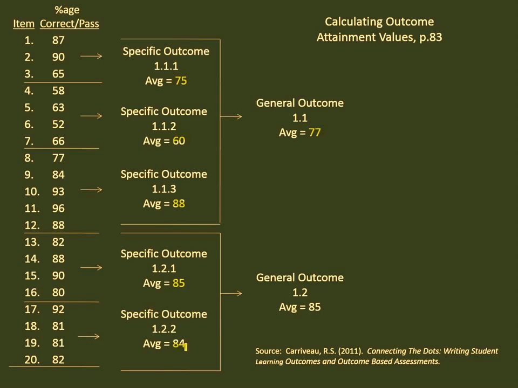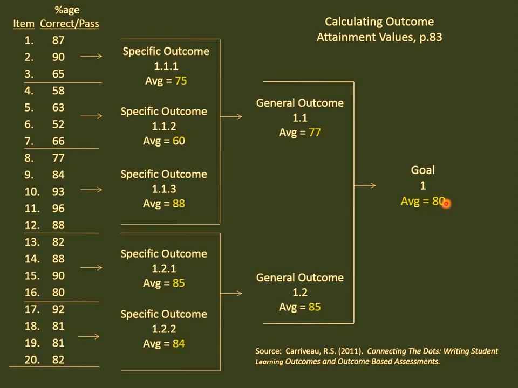It comes directly from the test item. There's no extra credit or all the other things that pollute the grades thrown in. And here this time 4 items are used to get that outcome average. In this case, the next set would be 5 items to get the outcome value for 1.1.3.